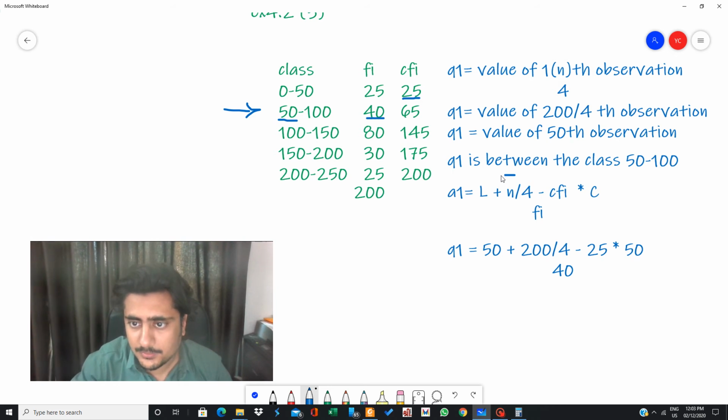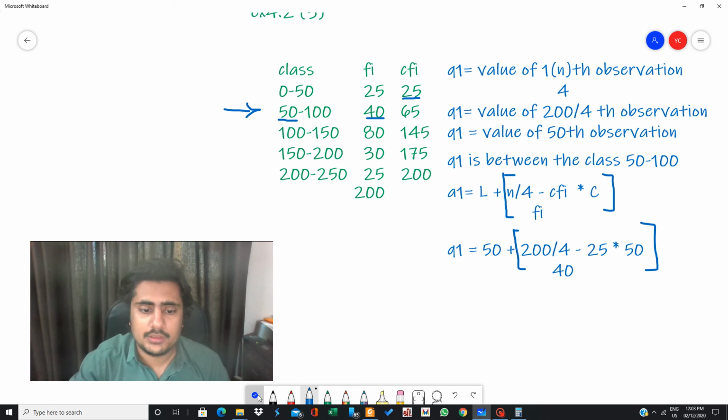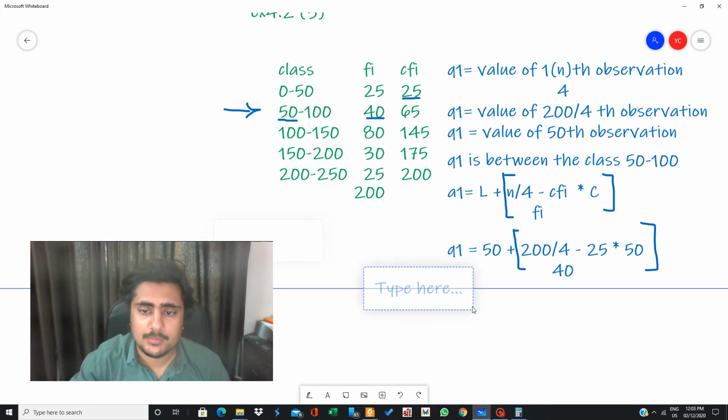This whole thing is in a bracket. You have to solve everything and then add it to L. The sum should be solved in such a manner.